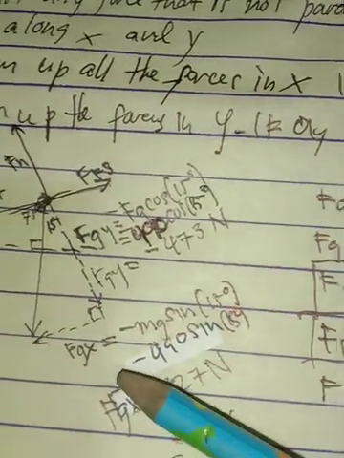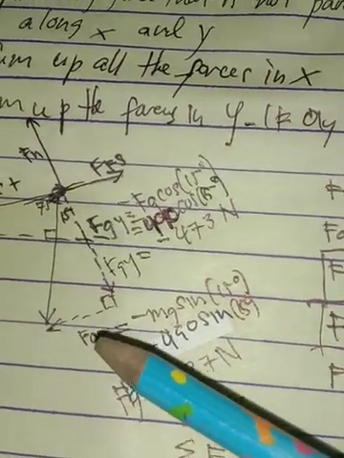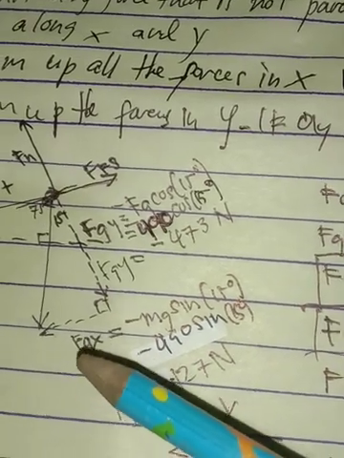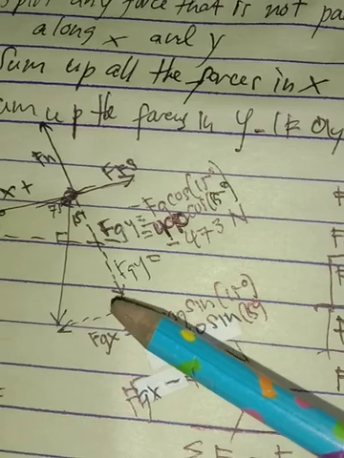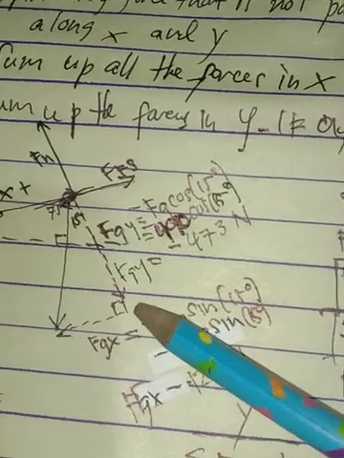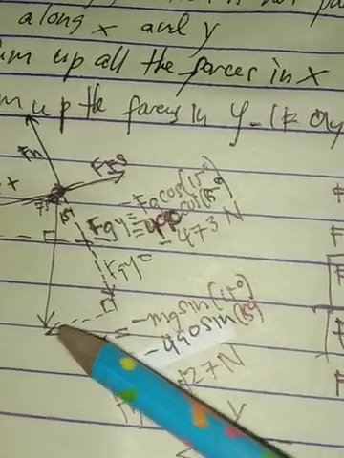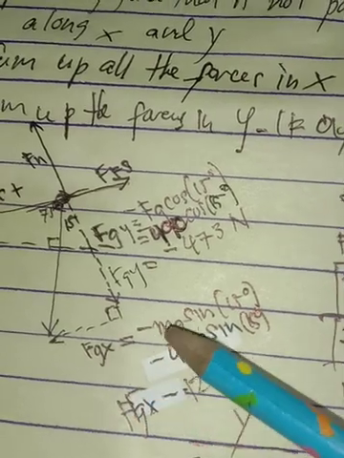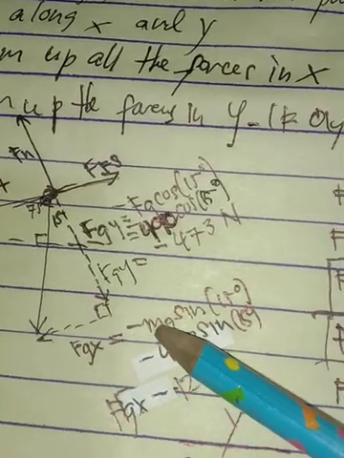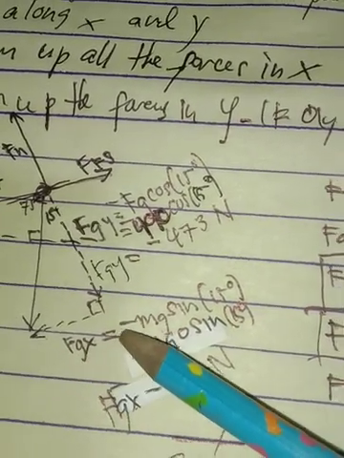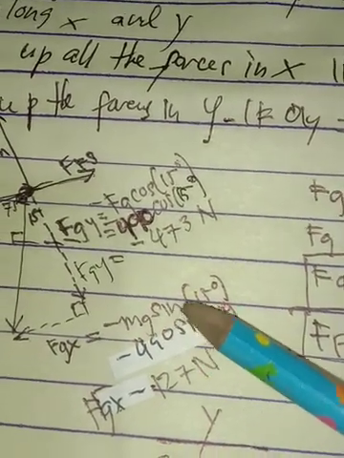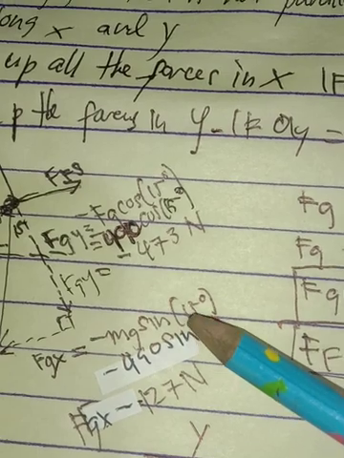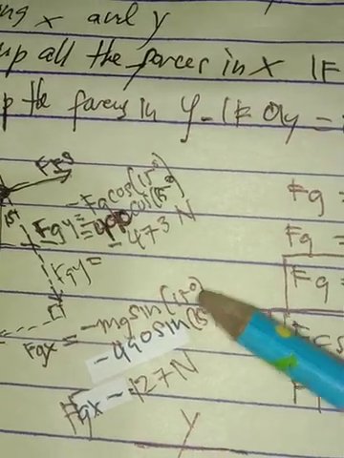Now we are going to find the value of Fgx, the force gravity along the x direction. We write this equation: Fgx equals negative mg sine 15 degrees.